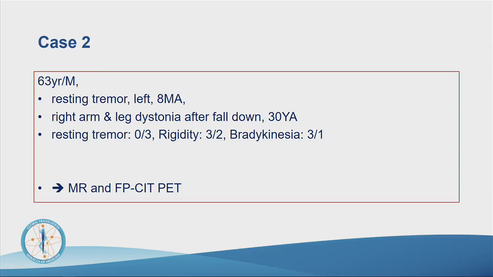Case 2. This is a 63-year-old male who suffered from resting tremor for 8 months and right arm and leg dystonia after a fall 30 years ago. The resting tremor is predominantly on the left side, but rigidity and bradykinesia are predominantly on the right side.